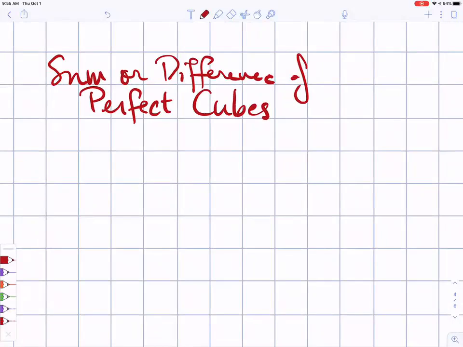Sum and difference of two perfect cubes. So you just listed some perfect cubes for me. I'll do the sum first. If you ever run into an a cubed plus b cubed, where I have the sum of two perfect cubes, you can always factor this.